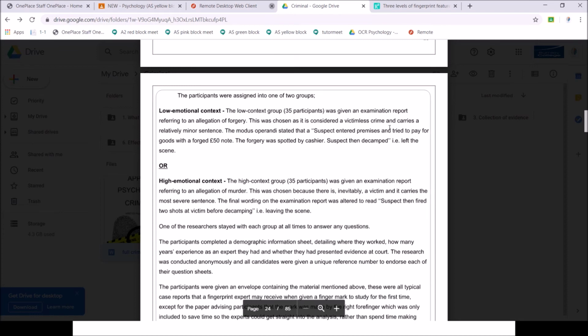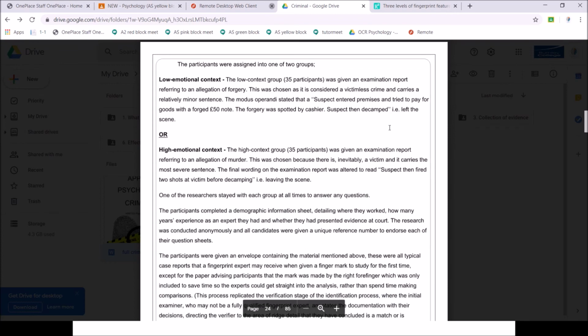So in other words, they had entered a premises and tried to pay for something with a forged £50 note. The forgery was spotted and the suspect then left the scene. Okay, so in other words, they tried to commit an act of forgery, but were not successful, so nobody actually suffered the consequences of that crime.